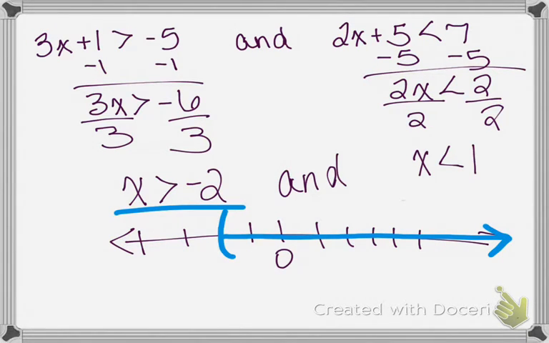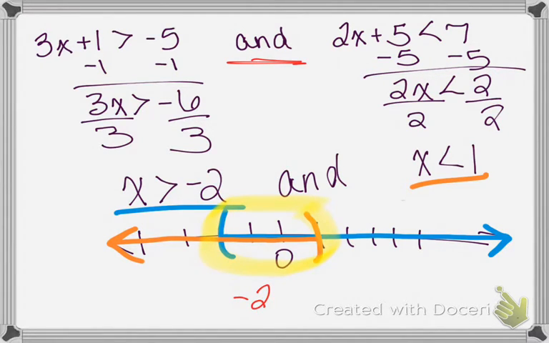And then I have x is less than 1, so I'm going to put a parenthesis at 1. My solution is only this area right here, where they're both shaded. So because I'm using the word and, I'm going to start at -2 with a parenthesis, and I'm going to go to 1.